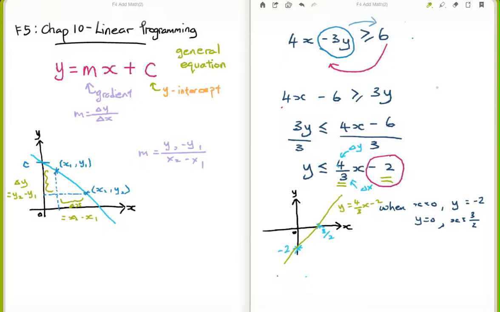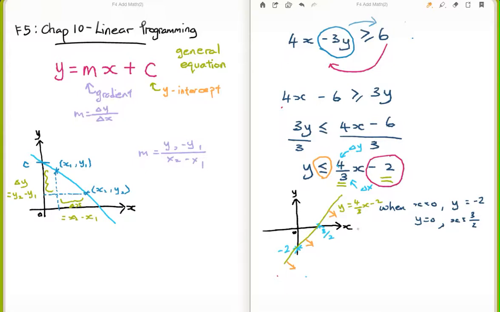I just label it with an equal sign. But since the question asks for less than, y has to be less than or equal to, therefore it's a solid line. Less than will be going downwards. Anything going downwards, so you may either shade this region or make a small arrow to tell yourself where it is.